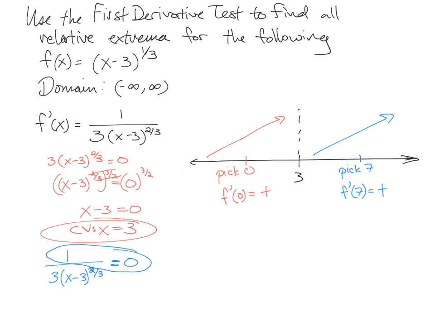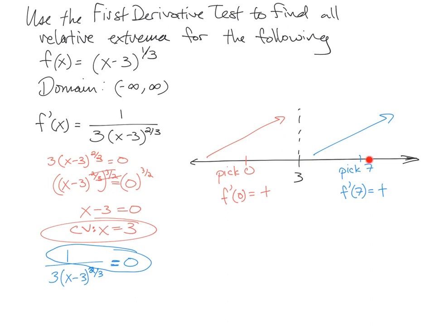So I pick 0 because 0 is always going to work out nicely. Substitute 0 in here. Get some wonky looking fraction, but I know it's going to be positive because a 2 here means we are squaring, and squaring always turns any number, negative number, or any number into a positive number.